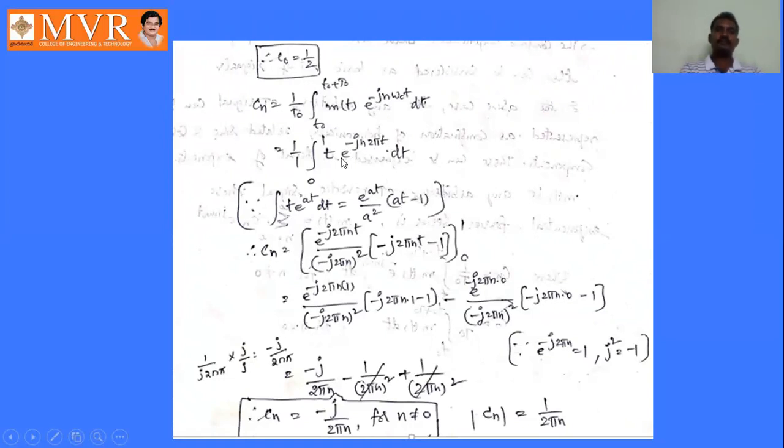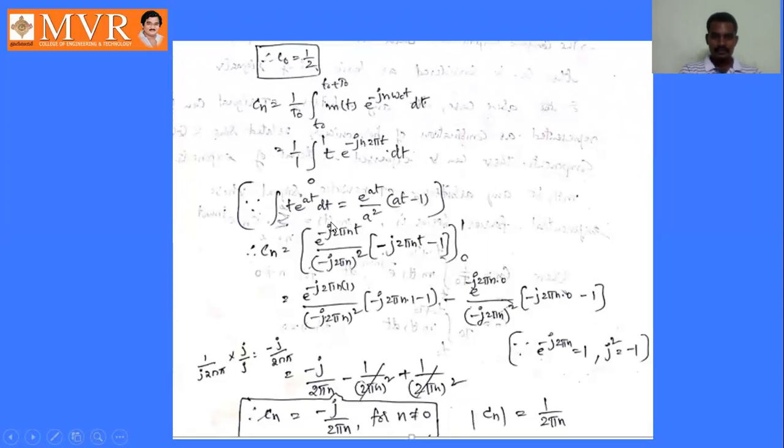So we have to remember the integration formulas here. It is in the form of integral t into e power at dt. So it is equal to e power at by a square into at minus 1. Here a is minus j n 2 pi.